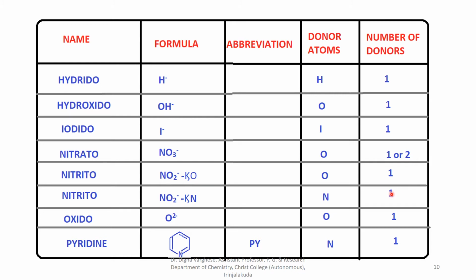In a monodentate ligand, always 1 is the number of donors. Oxido, O2 minus, oxygen is the potential donor and 1 is the donor number. Another monodentate ligand is pyridine. Its molecular formula C6H5N and py is the abbreviation, and nitrogen is the potential donor to the metal atom, so it's a monodentate ligand.